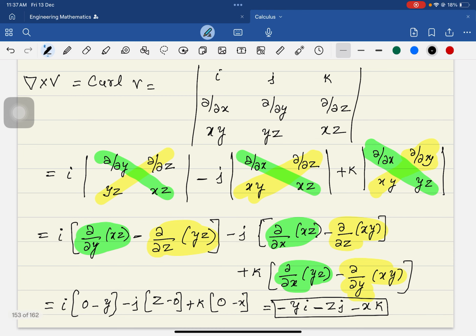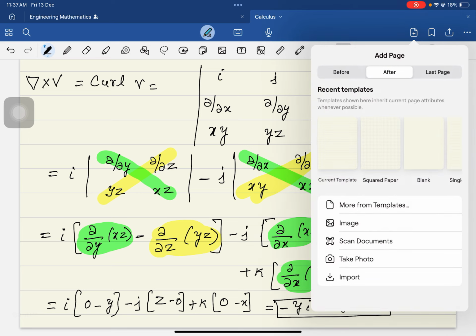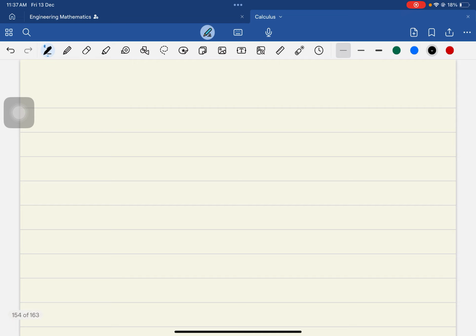I hope you are able to understand how to calculate the curl of a function. So let us do one more problem to find the curl of a function.